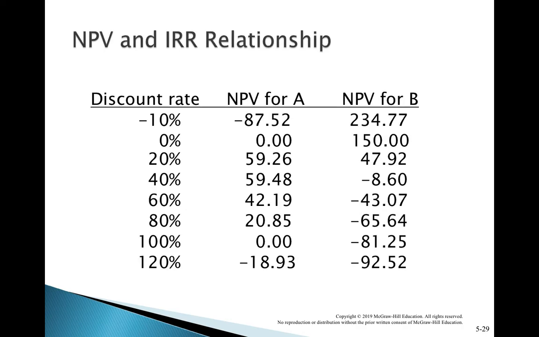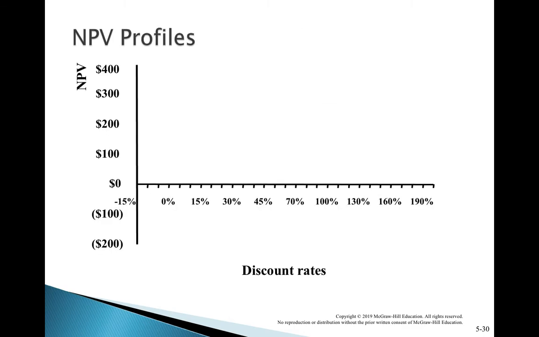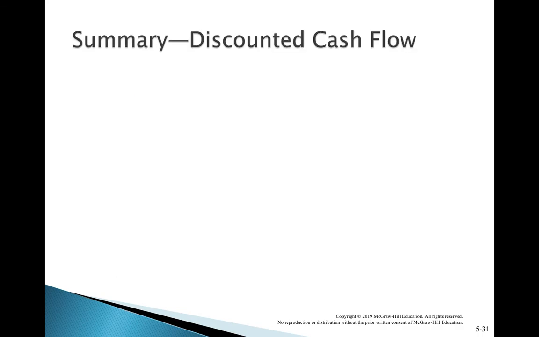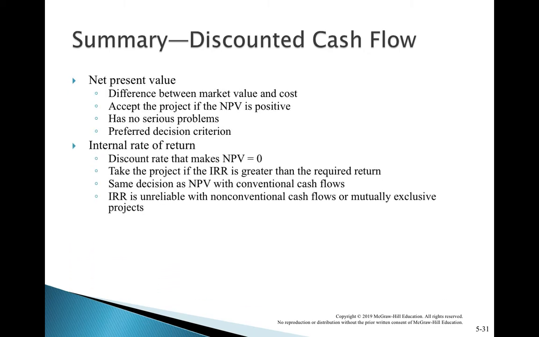So discounted payback period is given here, NPV IRR relationship is given here. For the same project, you see for project A, 2 IRR, one is 0%, one is 100%. Why? There are multiple sign changes. So these are the summary of discounted cash flow: net present value and IRR, both are discounted cash flows.